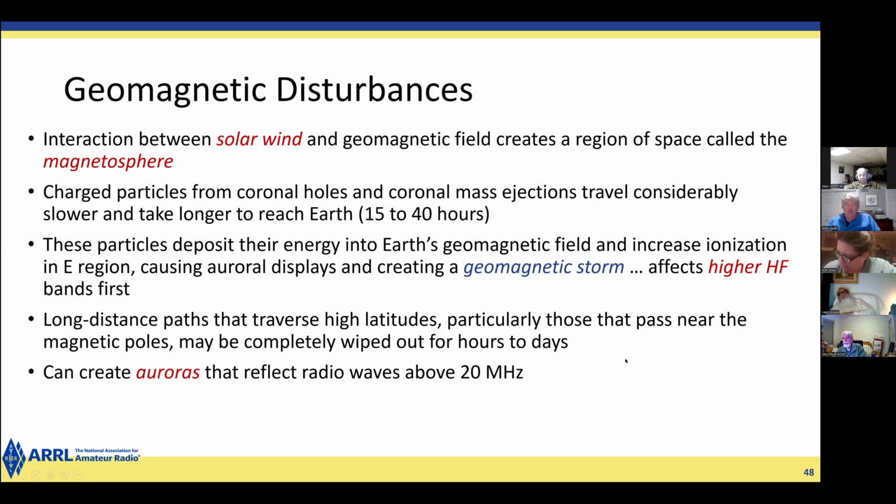So we were doing that in Rogers City, and all of a sudden the HF bands went dead, and we went out and looked, and sure enough, on the north shore of Lake Huron, on the Ontario side, there was a green aurora just above the horizon.